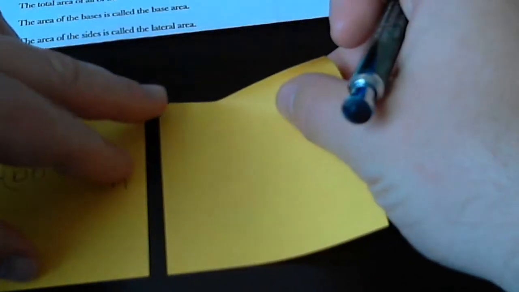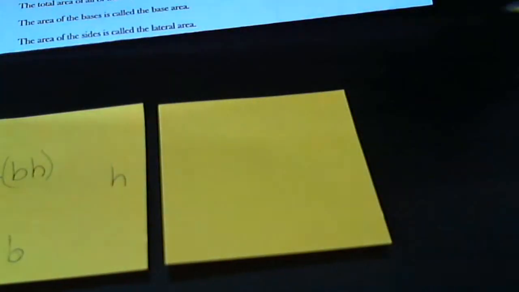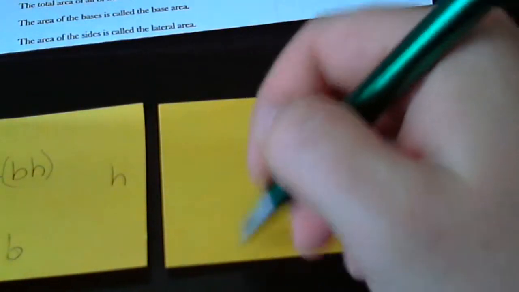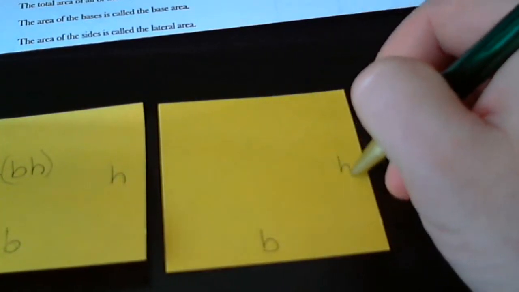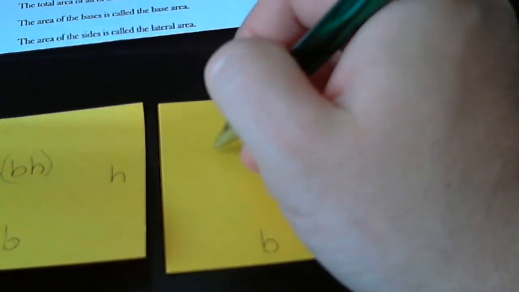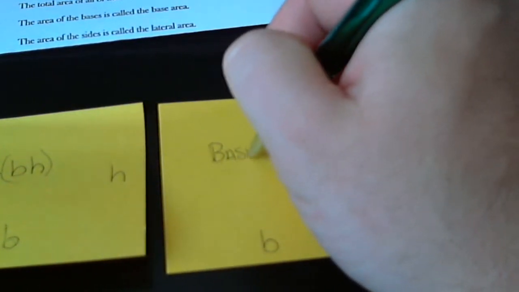There's our square. Let me get another square and place it right next to this square. We would still find the area of this shape, base times height. And this gives us something called the base area.